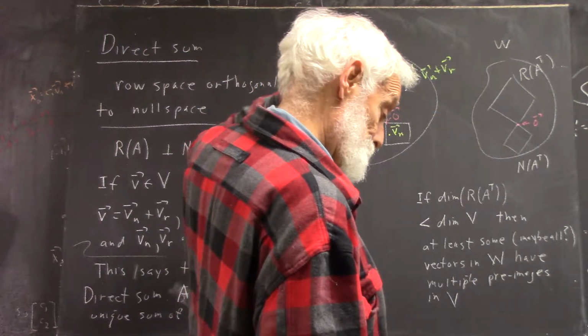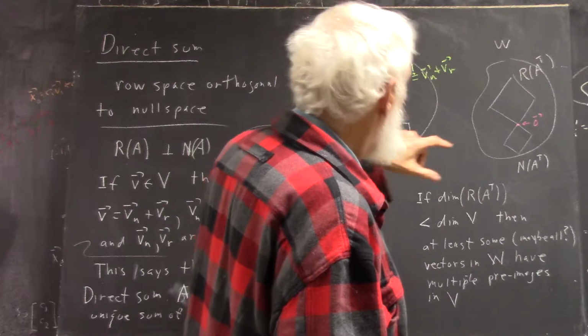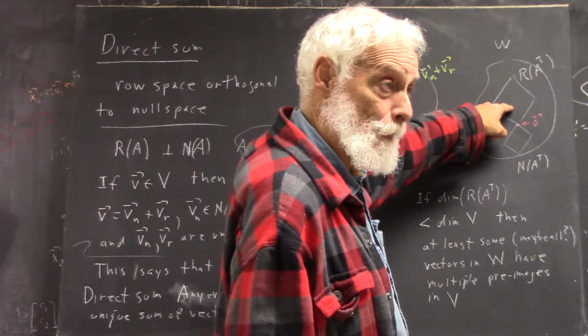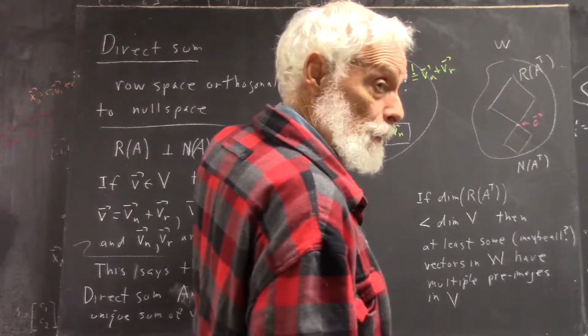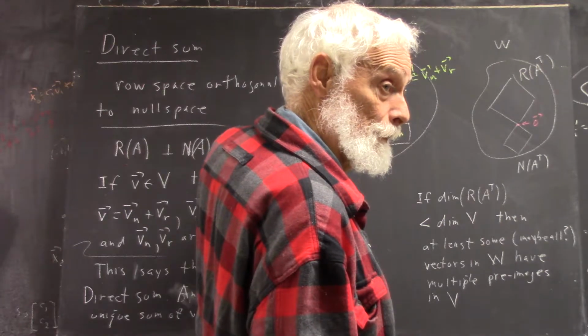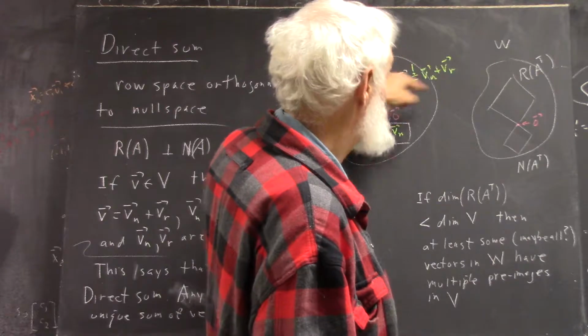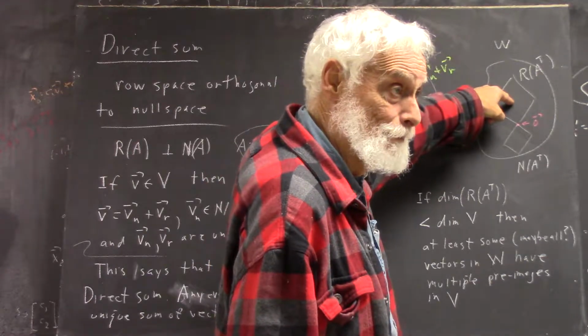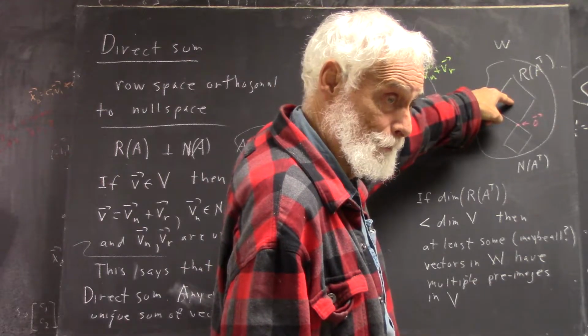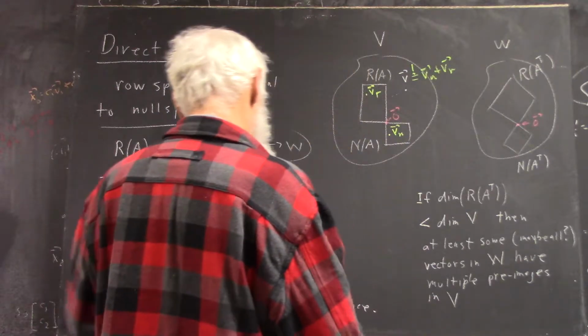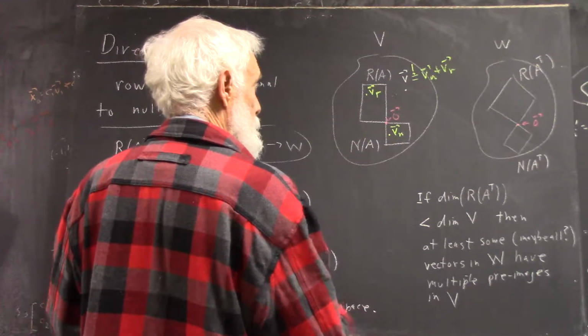So any vector here comes from some vector here, right? Got a preimage. But if you add a vector in the null space to that preimage, it still maps to the same vector. Okay? So, let's see, I'm getting too colorful here.